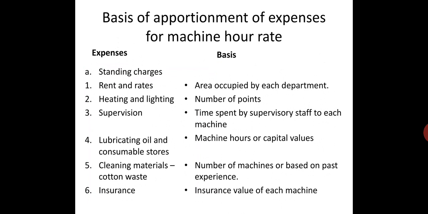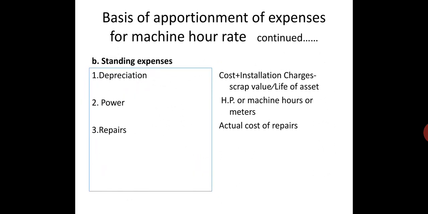Lubricating oil and consumable stores should be apportioned on the basis of machine hours or capital values. Cleaning materials, that is cotton waste, etc., number of machines or based on past experience. Insurance is apportioned on the basis of insurance value of each machine.